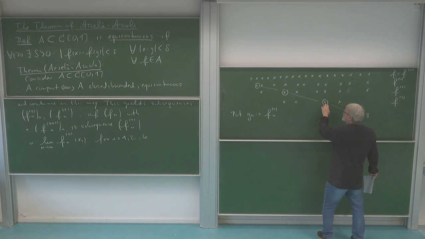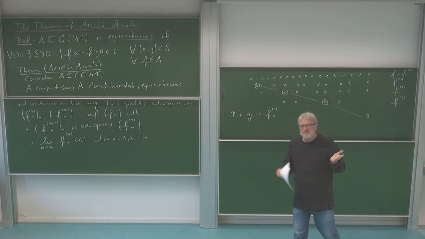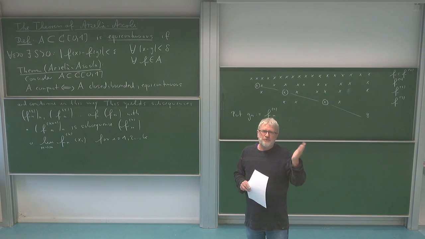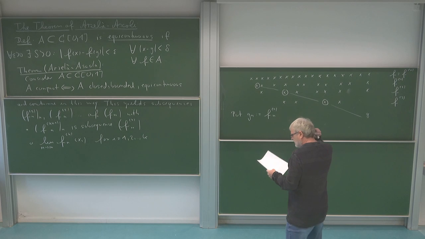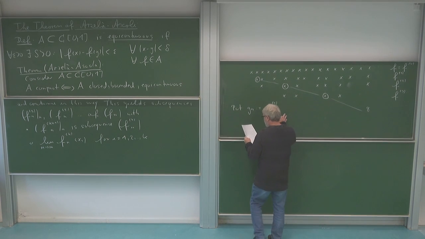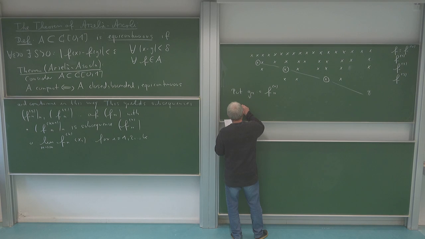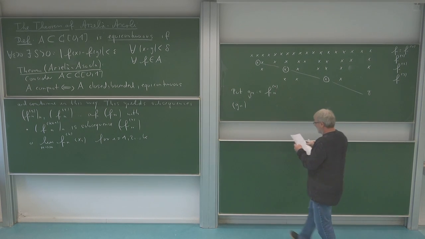Then G is also a subsequence of the third, and so on, if I'm erasing finitely many of the first elements. But for the limit behavior, only n going to infinity is important. So the first finite number of elements don't play any role for the limit behavior. So this means this Gn is really a subsequence of the original sequence.